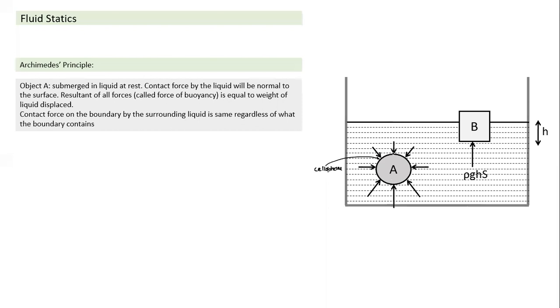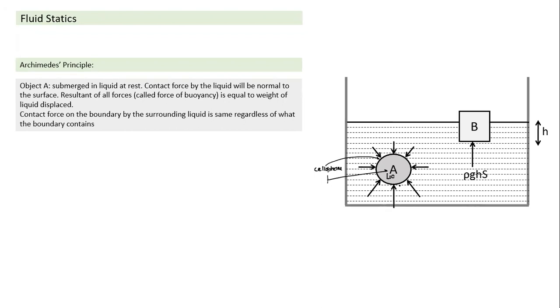So one way to understand this is that the contact force by the surrounding liquid on the boundary is the same regardless of what the boundary contains. Now within the cellophane it was liquid, and it remains in equilibrium. If I fill up within the cellophane some other liquid, will the contact force by the surrounding liquid change? The surrounding liquid has not changed, the surface has not changed.